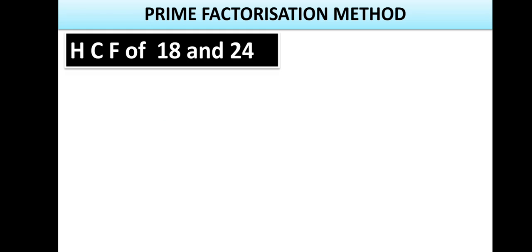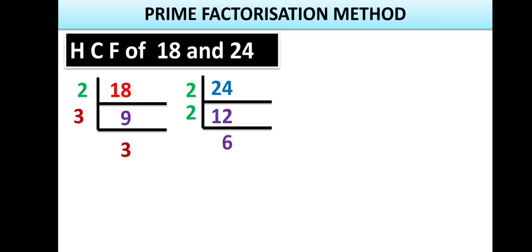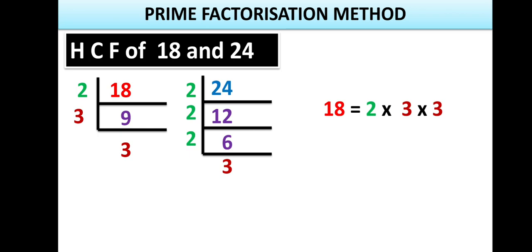Let's take another one, HCF of 18 and 24. 18 can be written as 2 times 9, that is 2 9s are 18, 3 3s are 9. 2 12s are 24, 2 6s are 12, and 2 3s are 6. So the prime factorization is completed. 18 can be written as 2 into 3 into 3, and 24 can be written as 2 into 2 into 2 into 3.